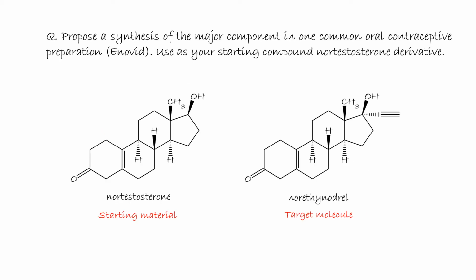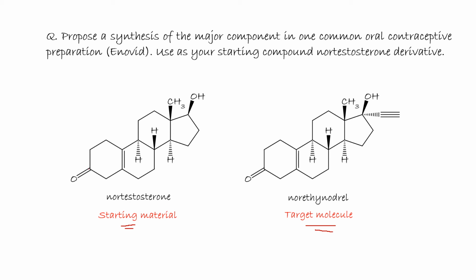Propose a synthesis of the major component in one common oral contraceptive preparation. Use as your starting compound a nortestosterone derivative. This is a starting material, and this is your target molecule.